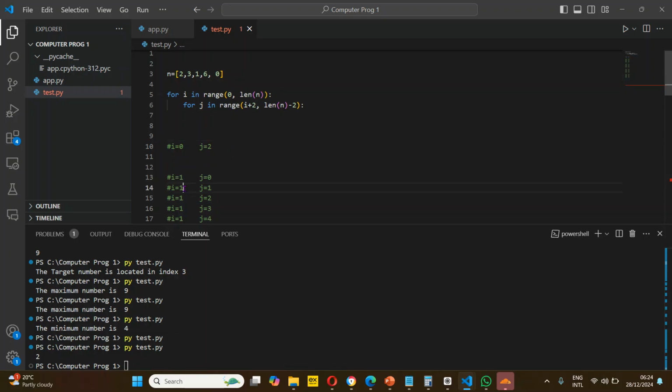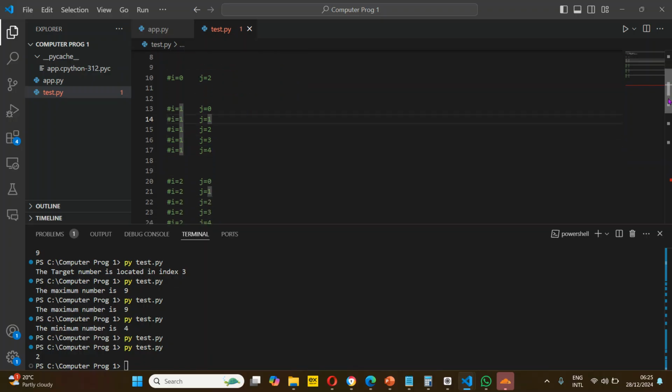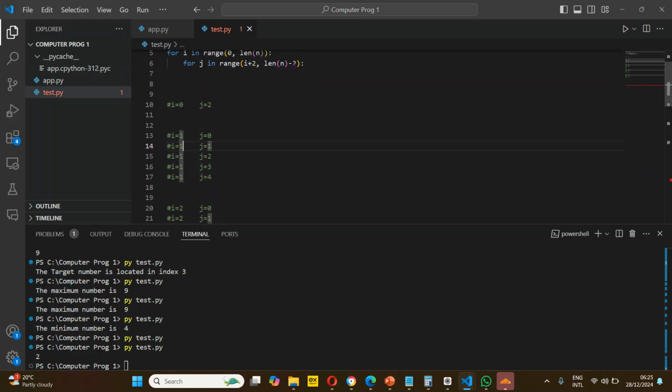So when it comes to i equal to 1, what happens? 1 plus 2 is 3. And you are saying the length of n minus 2, right? Let's analyze this code. 1 plus 2 is 3, and length of n minus 2 is what? 5 minus 2 is 3, right? 1, 2, 3, right?